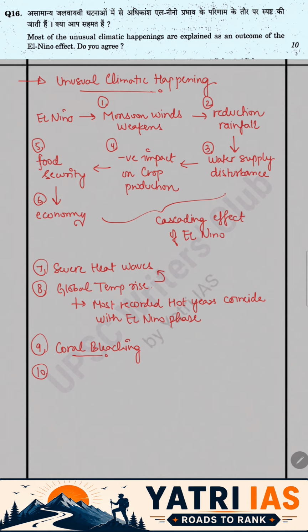Then you have erratic nature. Like in normal cases, the South America region experiences normal level of rainfall. This region experiences dryness.